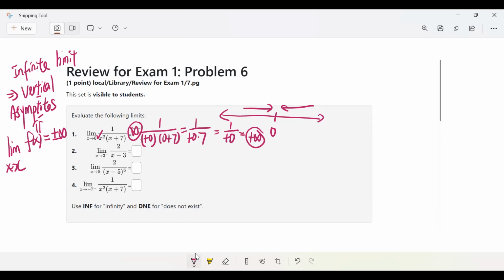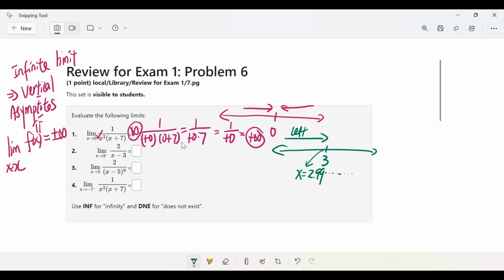And then for part number 2, now we are analyzing the limit when x approaches 3 from the left, right? So what does left mean? That means we're going to look at a number like 2.9, and so on with infinitely many 9s.